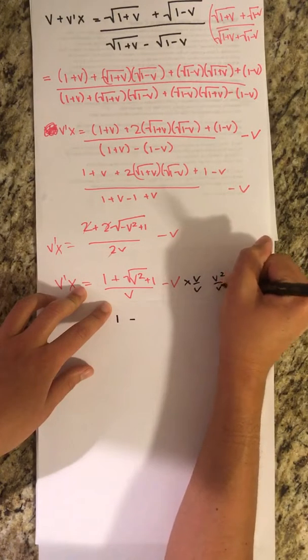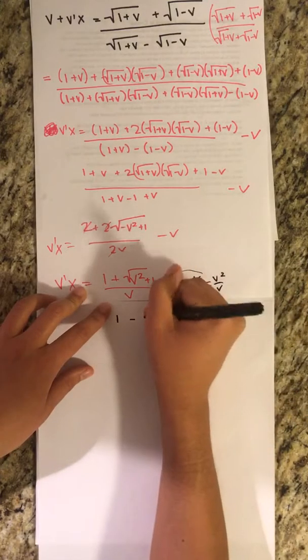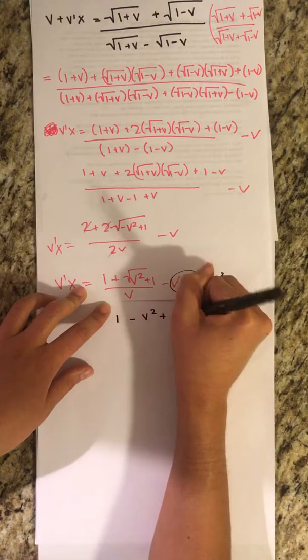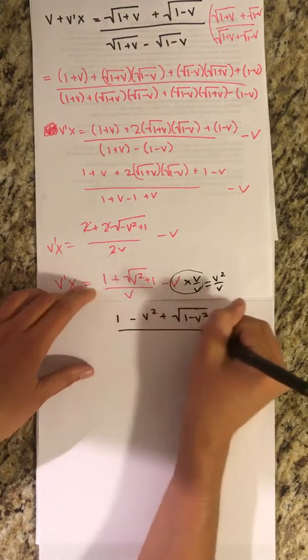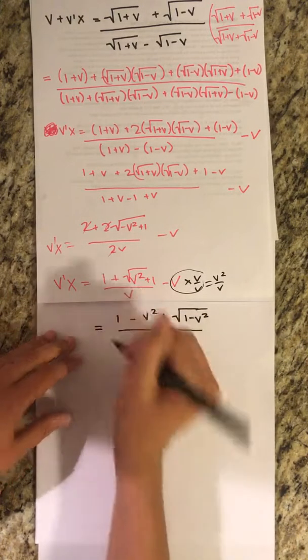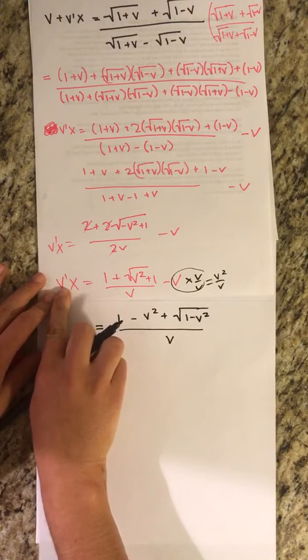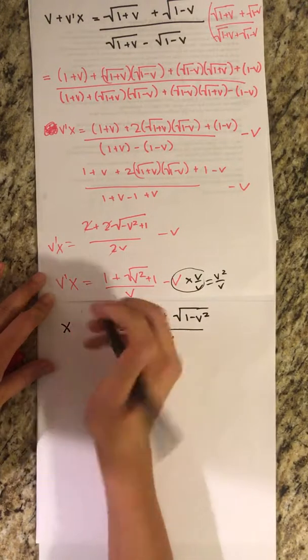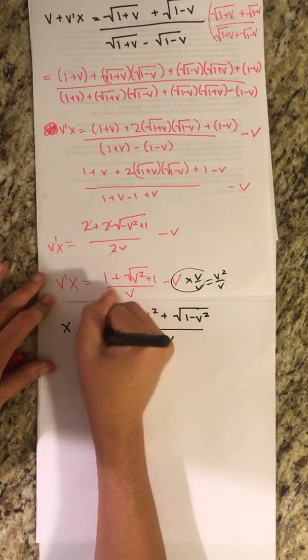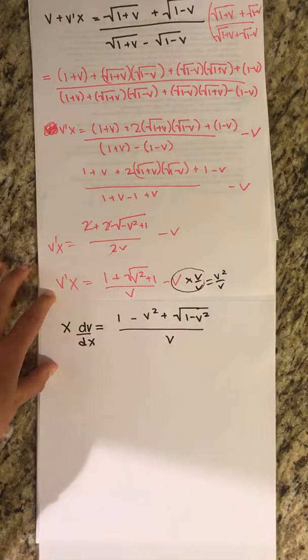V squared over v is what that turns into. Just flipping this all over v, so I have my common denominator equaling x v prime, so I'm just going to write that as x times dv over dx because that is my v prime.